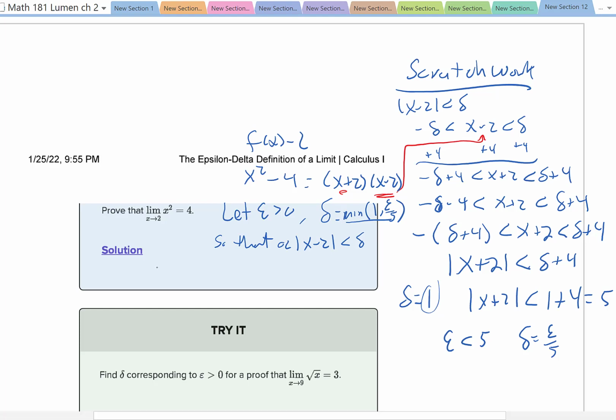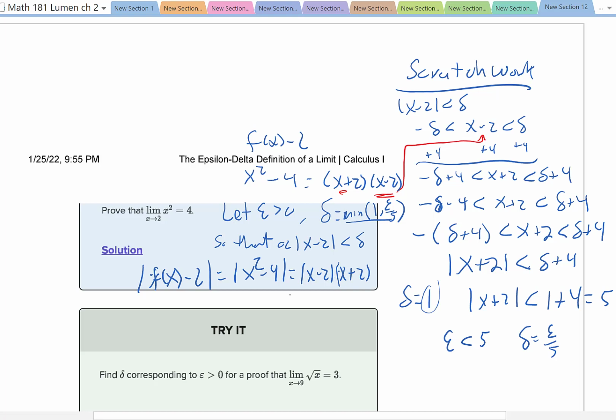So we have this f of x minus L, the absolute value of f of x minus L is the absolute value of x squared minus 4, which could be expressed as x minus 2 times x plus 2, the absolute values.